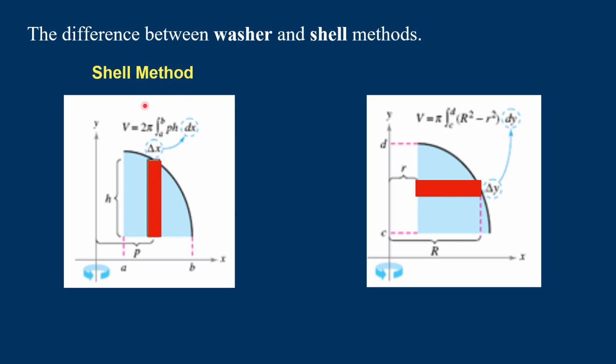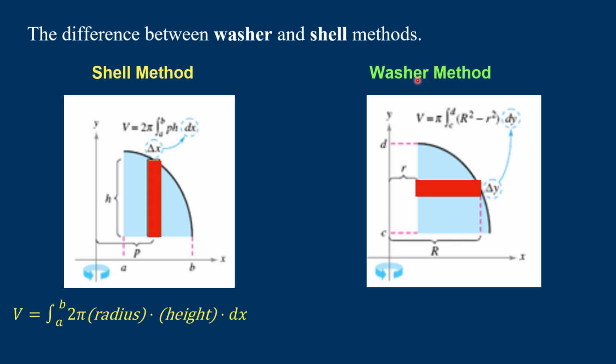So with the shell method, how do we find the volume generated by this region? You have to find the radius and the height. The volume is 2 pi times radius times height, and the thickness is dx. That's the shell method. For the washer method, this is a horizontal rectangle, so the thickness is dy. You need an outer radius and an inner radius.